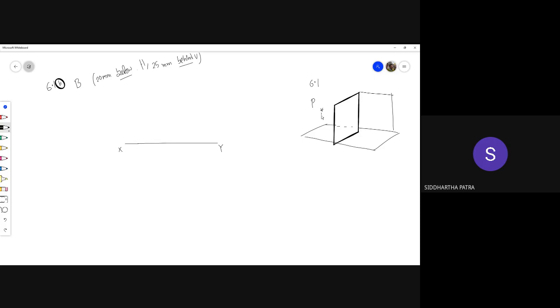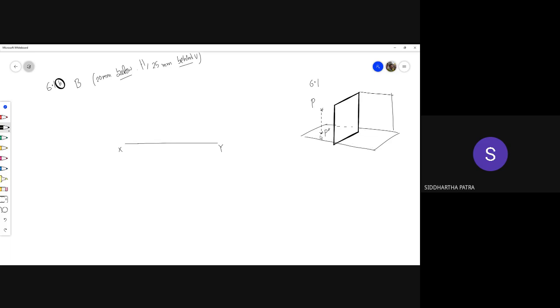So its horizontal projection, what happens to its horizontal projection? P double prime. Okay, and that would be on the horizontal plane.